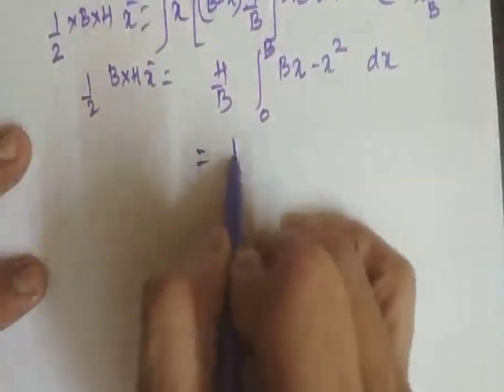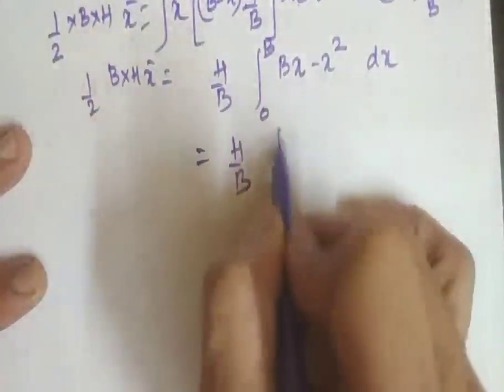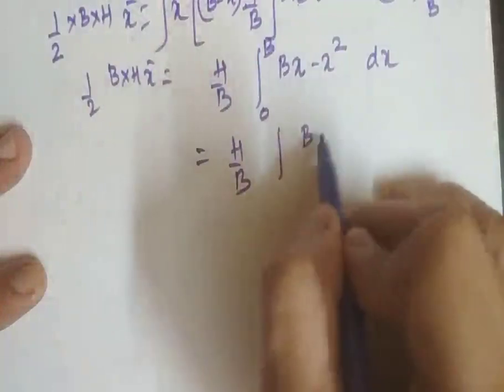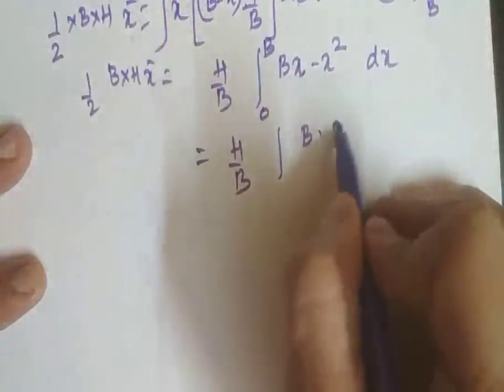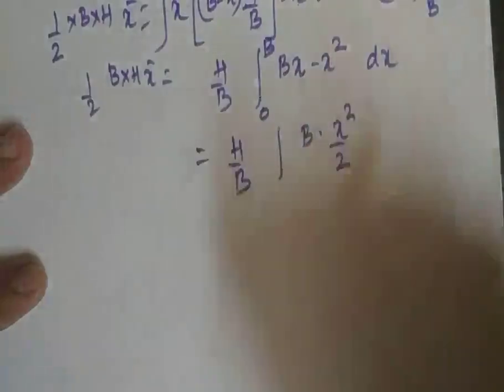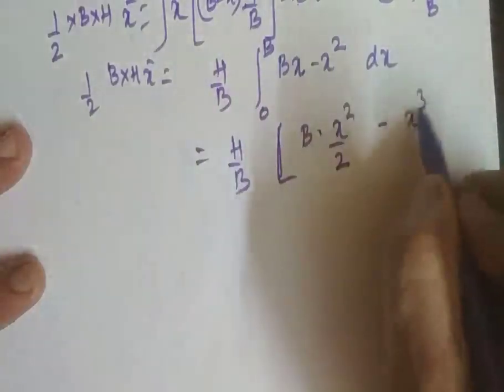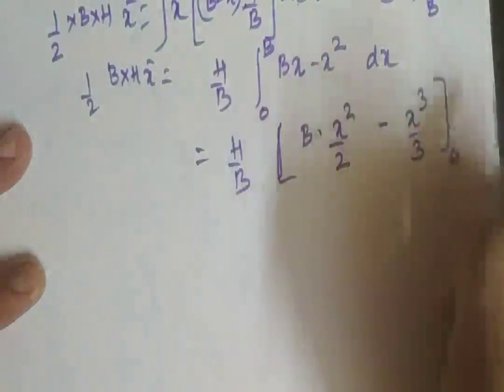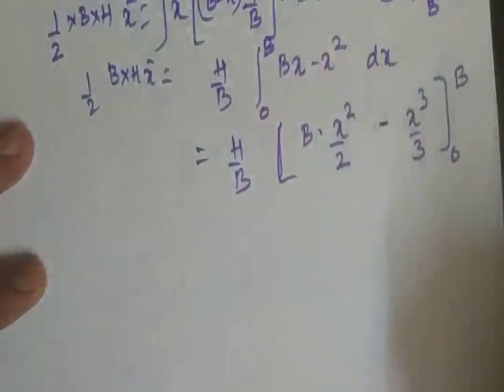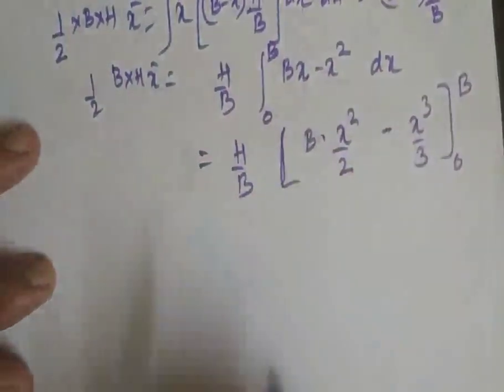So h by b, keep it as it is. The integration of bx will be x square by 2, minus the integration of x square, which will be x cube by 3, from 0 to b. So these are the values now.